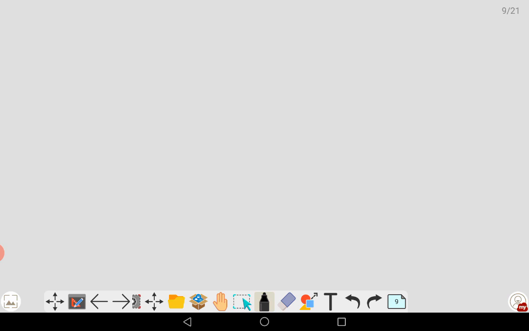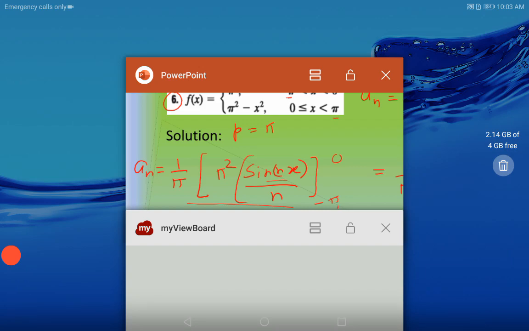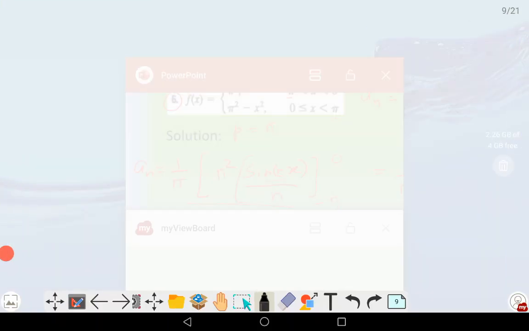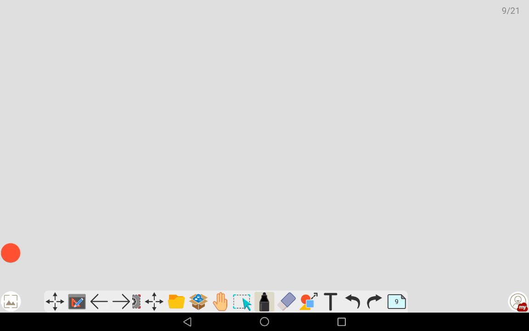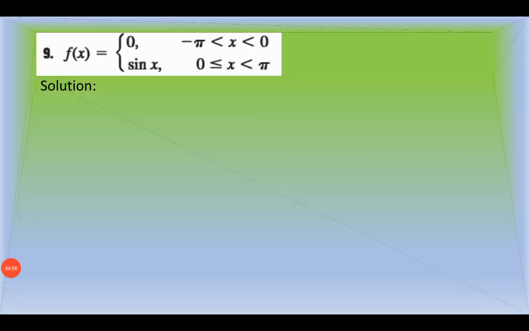I have one more problem to solve. Here we will start with the formula of an. We find 1 over pi because p is pi.